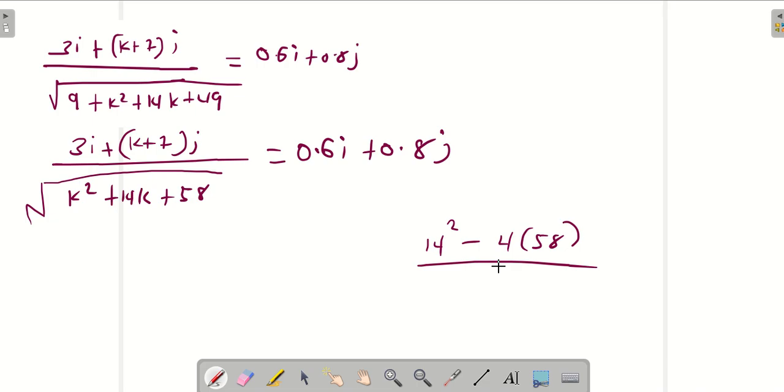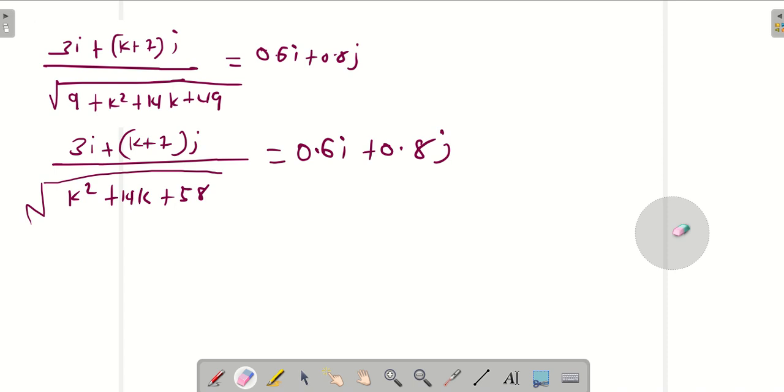What did you get? Negative 36. Oh, then it's not a perfect square. I was thinking it's a perfect square so that we can simplify.